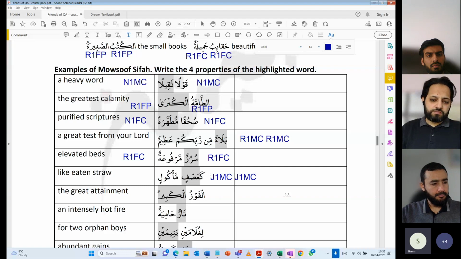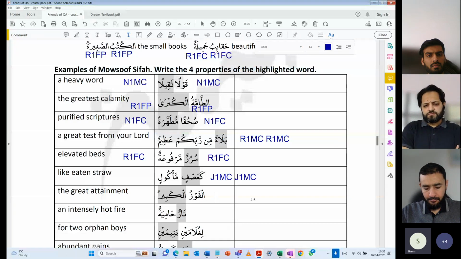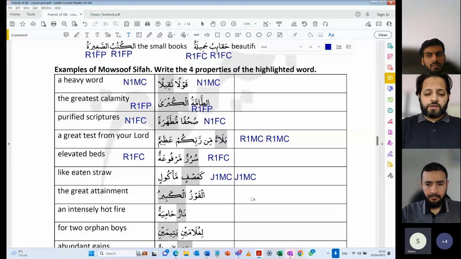Al-fawzu al-kabiru. Al-fawzu is attainment or success. Great success. The great success or great attainment. Okay. Rafa, singular, masculine, proper.